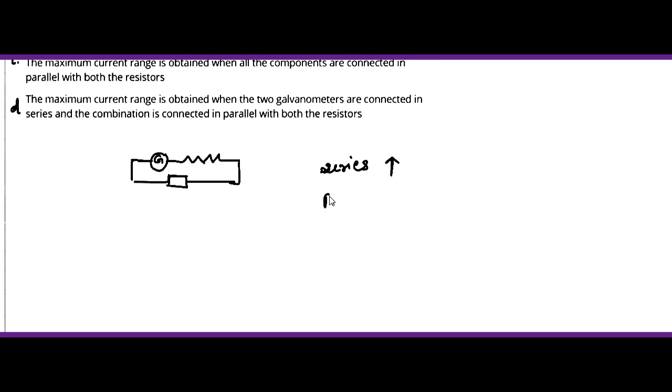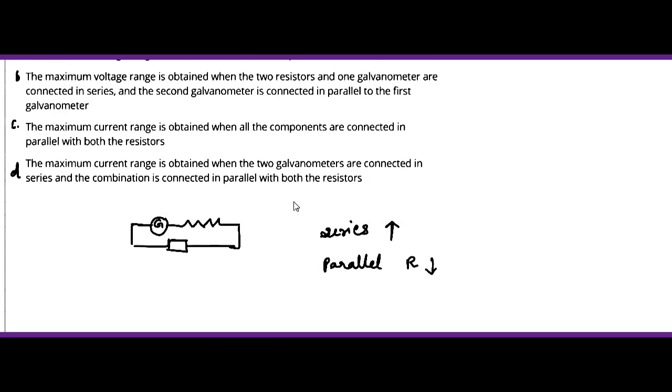But in the case of the parallel connection, the resistance decreases. So, to get the maximum voltage range, the resistance should be connected in series. So, comparing A and B, our statement A is true because here all the components are connected in series.